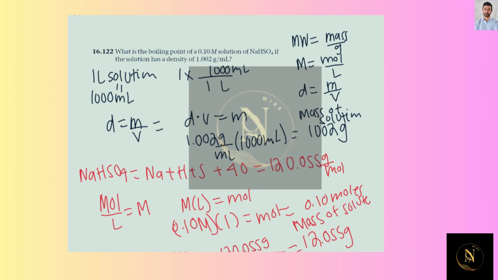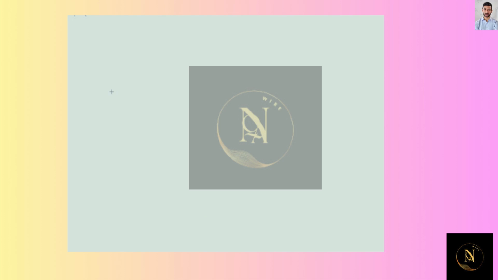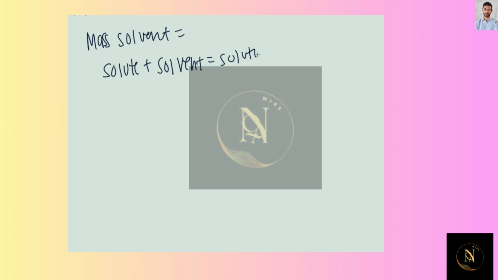Now to find the mass of the solvent, we have an equation: your solute plus solvent gives you your solution. We know our solution weight and we know our solute weight, so we can find our solvent.